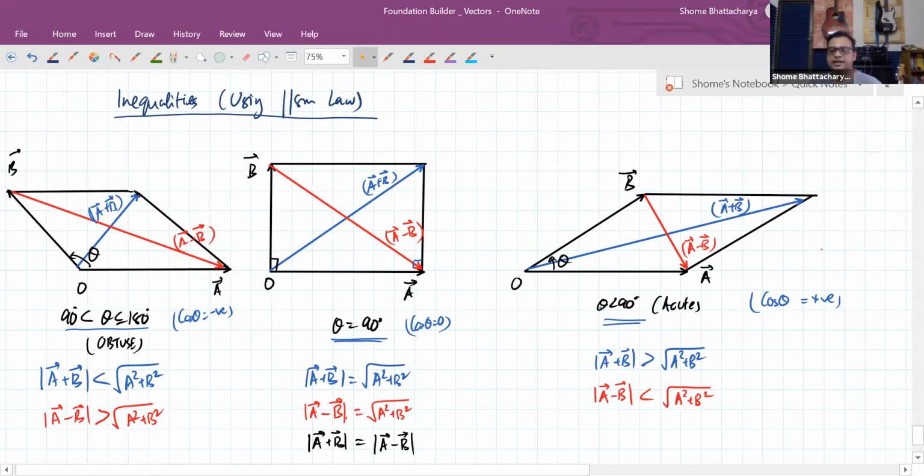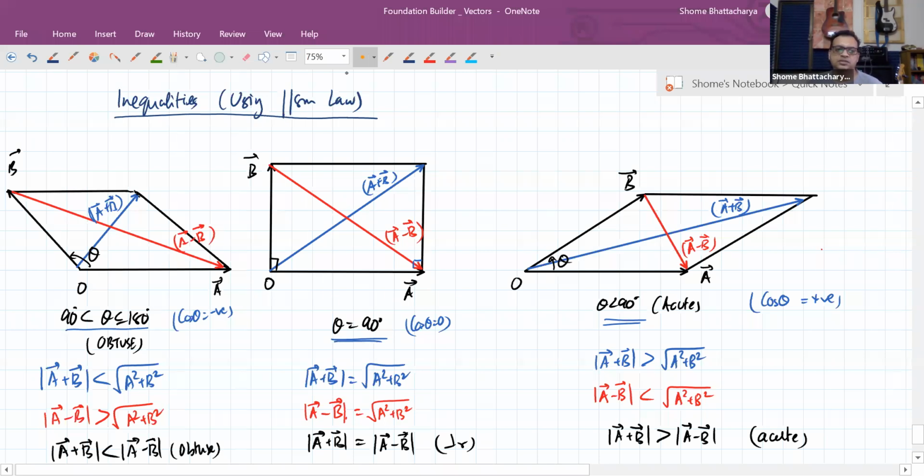Whereas whenever the angle is acute, the sum of the vectors has a magnitude greater than the difference of the vectors. This is the case of acute angle. This is the case of perpendicular vectors. And on the other hand, in this case, a plus b has a magnitude less than a minus b. This is the obtuse angle case.